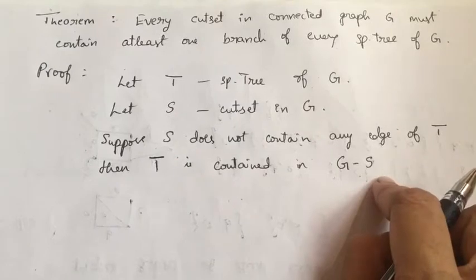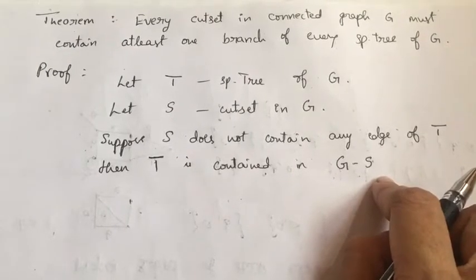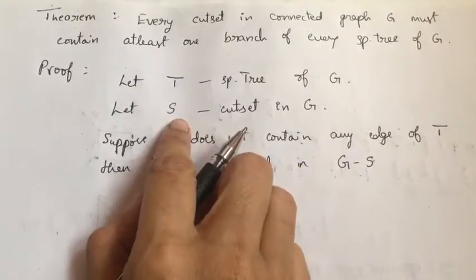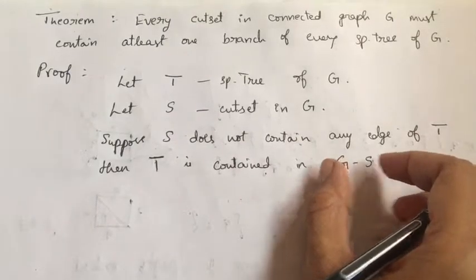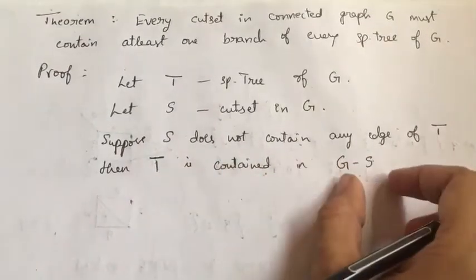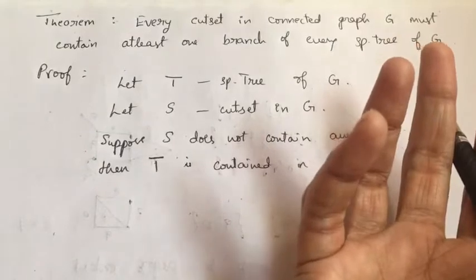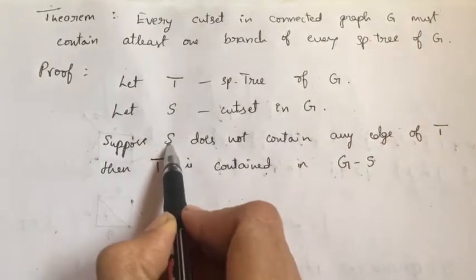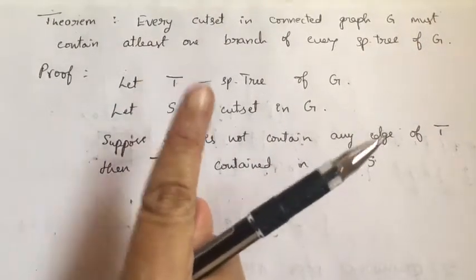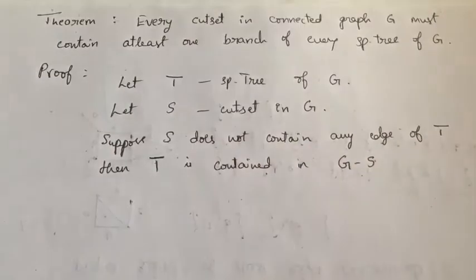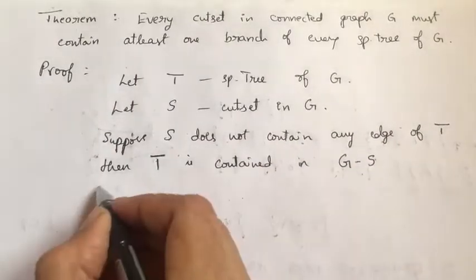In fact, it is a disconnected graph, since S is a cut set. How can I say that T is in G minus S, which is a contradiction? Therefore, this S must contain at least one branch of the spanning tree.